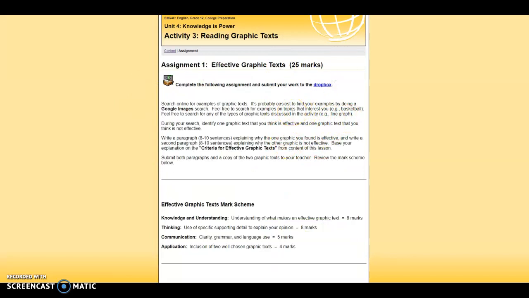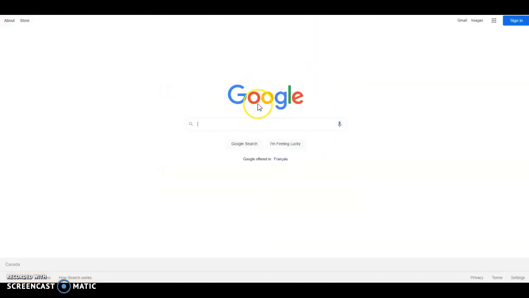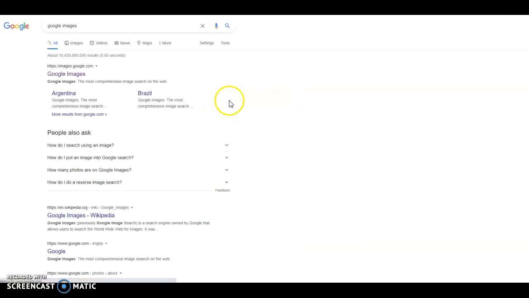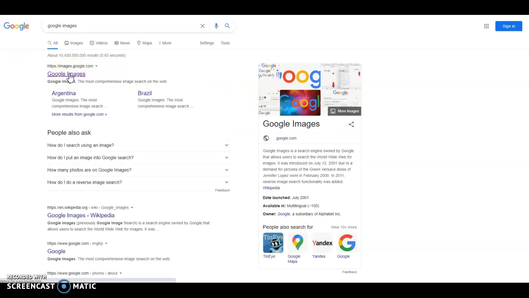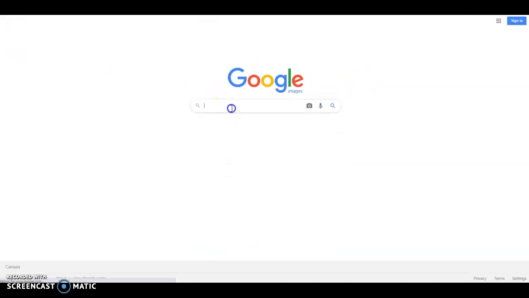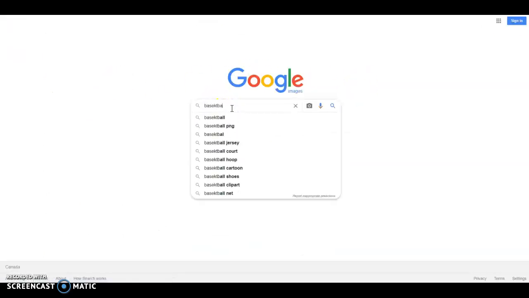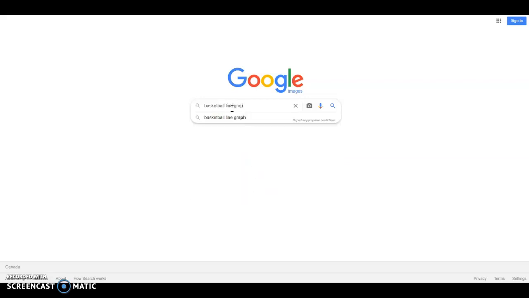So for example, if I go to Google Images here, I can type basketball line graph. Right?